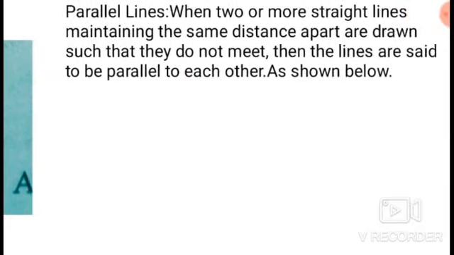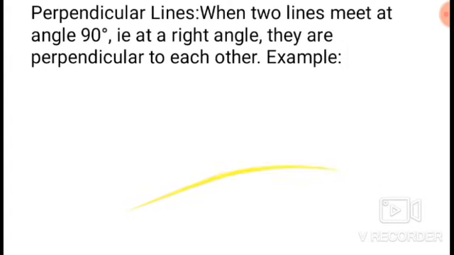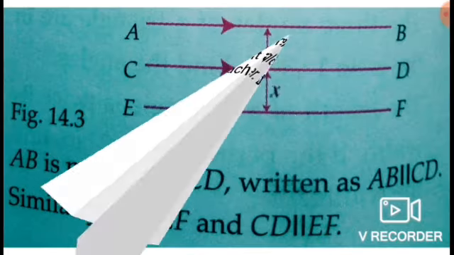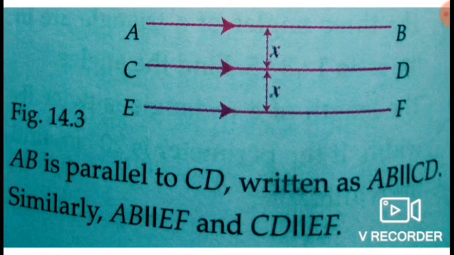The next one, parallel lines. When two or more straight lines maintaining the same distance apart are drawn such that they do not meet, then the lines are said to be parallel to each other, as shown below. You can see we have AB against CD.